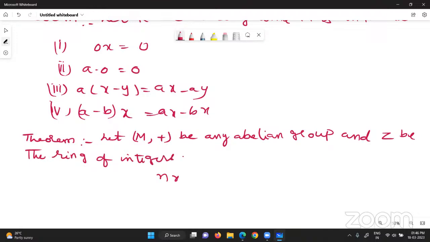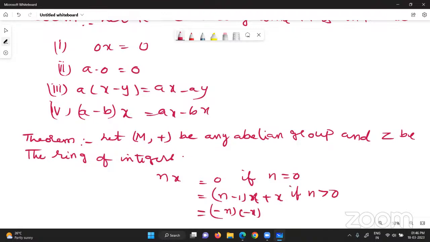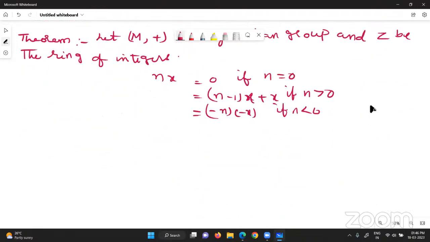Then we define nx = 0 if n = 0, which is equal to (n - 1)x + x if n greater than 0, which is equal to (-n)(-x) if n less than 0. If you define nx, then M is an R-module with respect to the above defined map, which you can prove very easily.